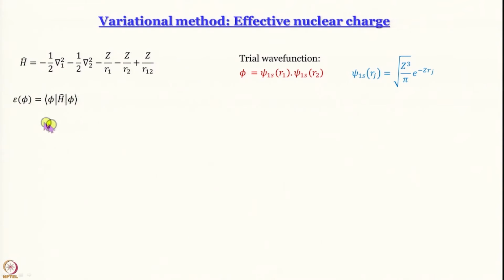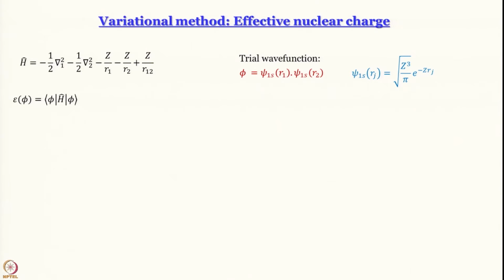So, we will work with this functional epsilon of phi, integral of phi star h hat phi over all function space, in this case over all values of r j, and phi star is equal to phi in this case. We are talking about 1s orbital.